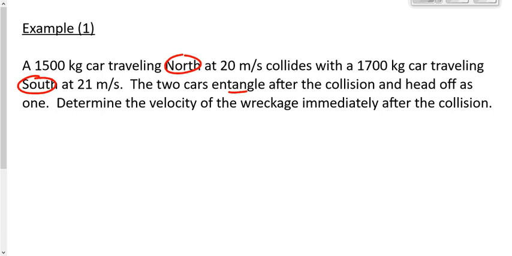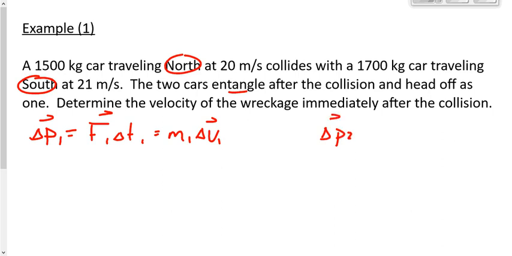Now, understand that each of these cars experiences a change in momentum. We could analyze car number 1 using impulse, or we could analyze car number 2 using impulse. That's perfectly valid, but you'd have to do car number 1 or car number 2.